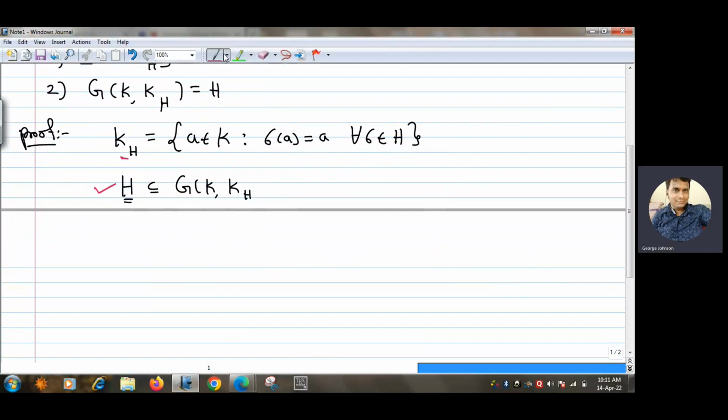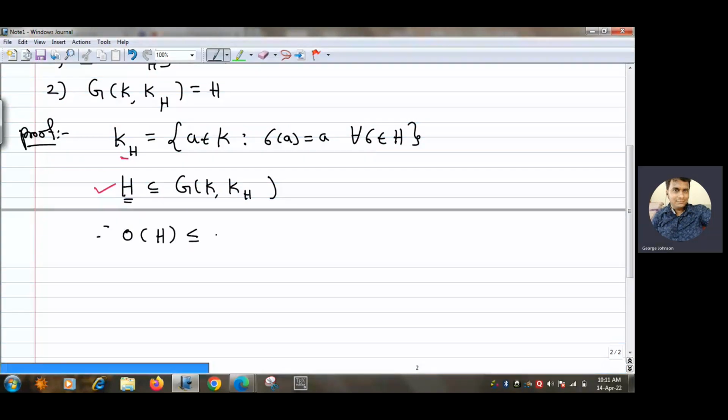So now let us go ahead. Because of this, we have that the order of H is less than or equal to the order of G(K,K_H).